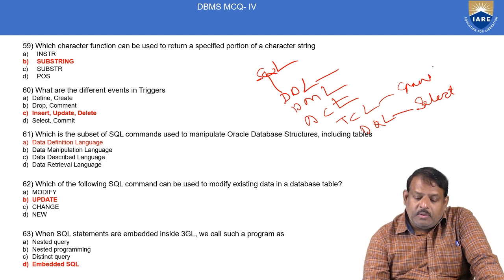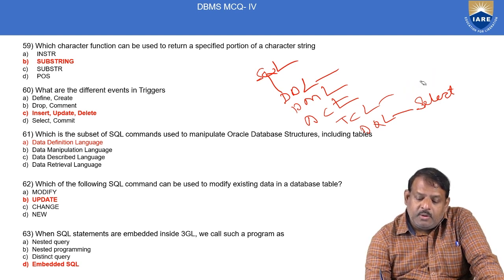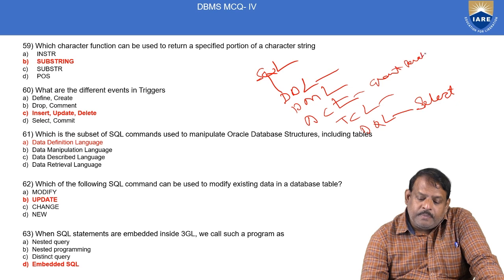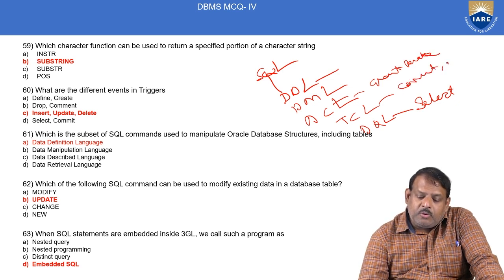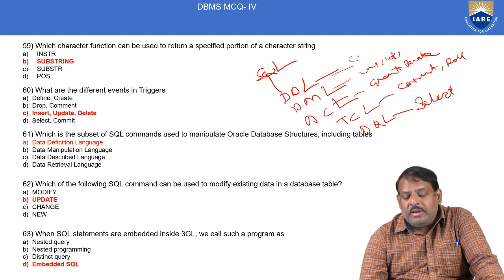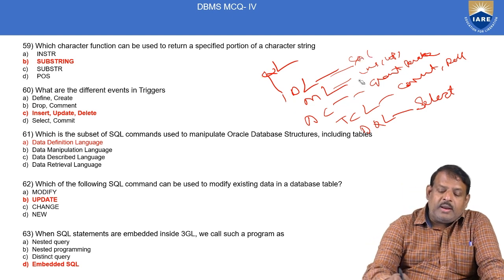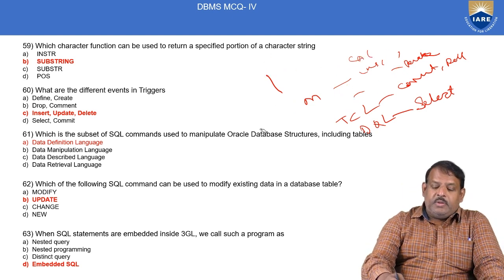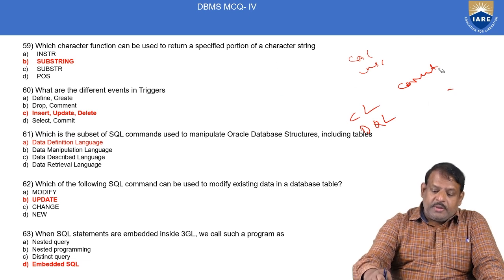In the DCL we have grant and revoke. In the TCL we have commit, rollback, and savepoint. In the DML, data manipulation language, we have insert, update, and delete. And in the DDL, we have create table, alter table, or drop table. So these are the categories at a high level.